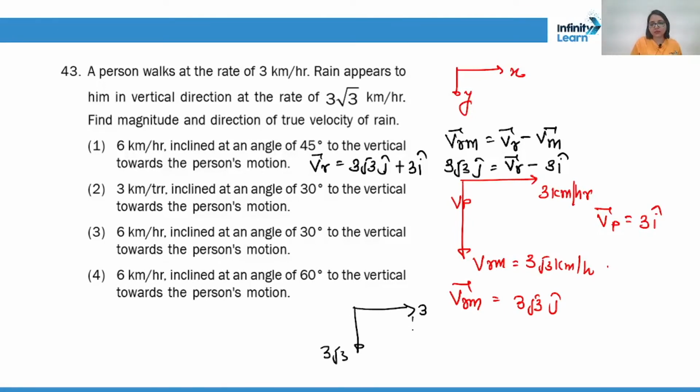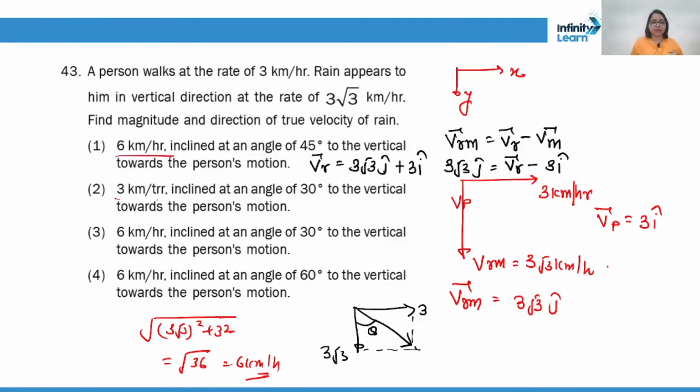Fine. So this is the vector summation of these two, and this is angle theta. So the magnitude will be under root of (3√3) square plus 3 square, which is equal to under root of 36, which is 6 km per hour. So magnitude is 6 km per hour.